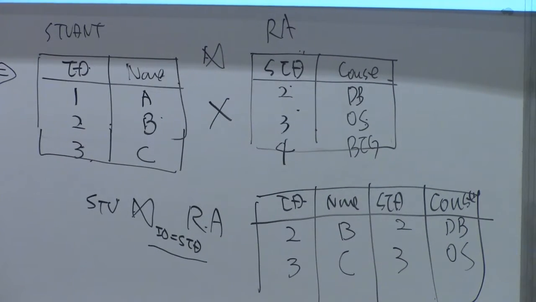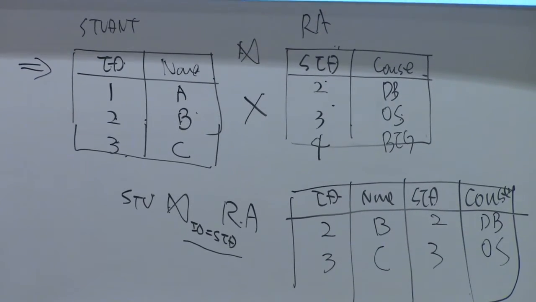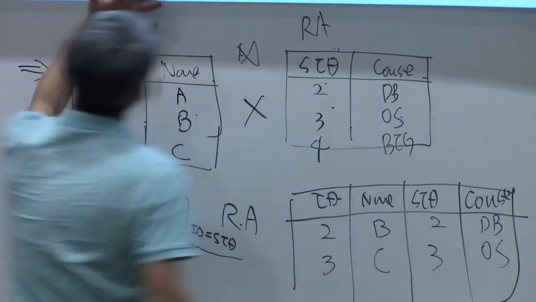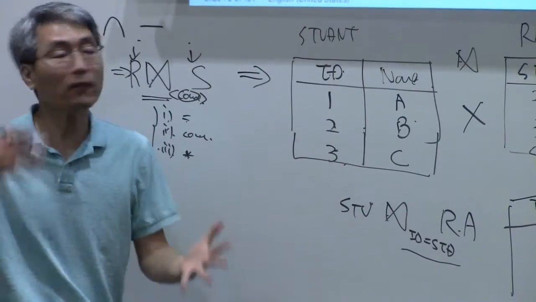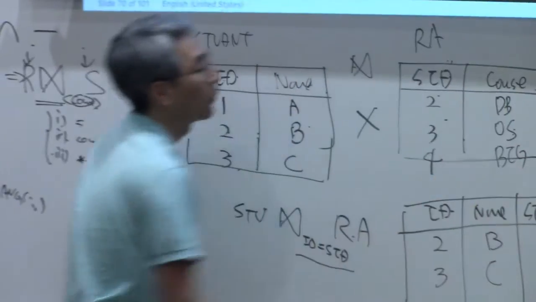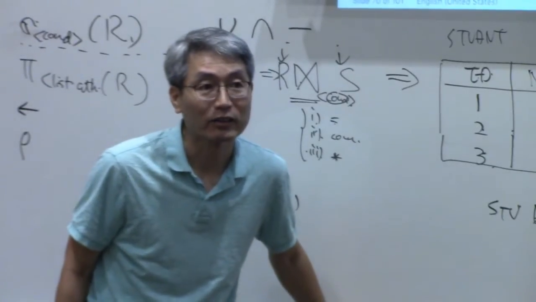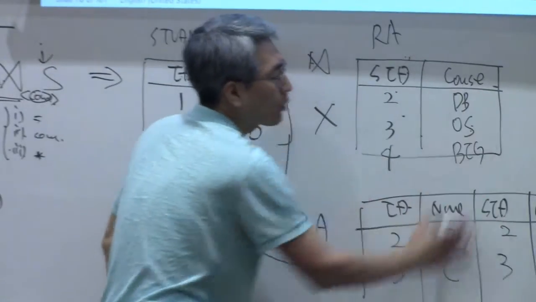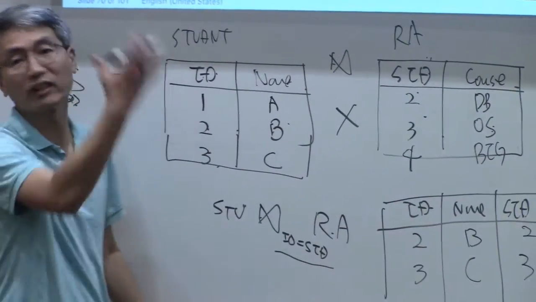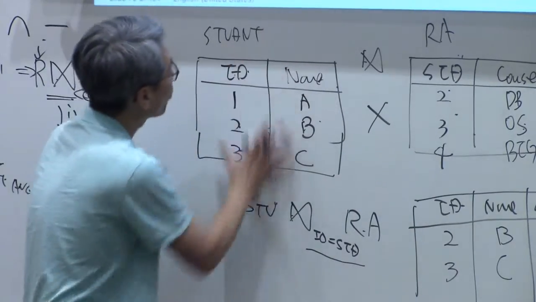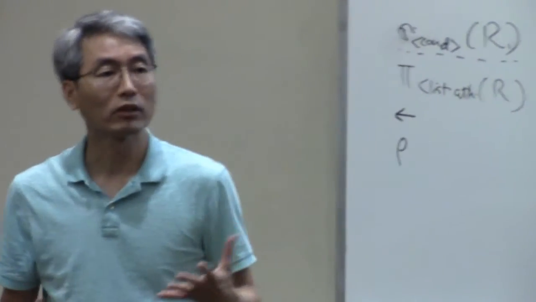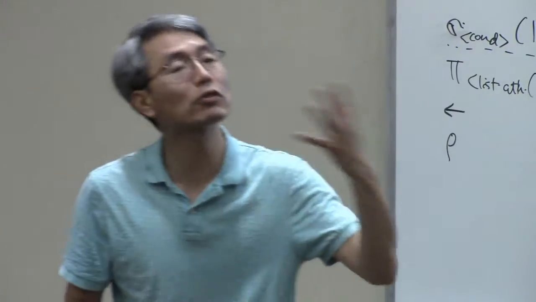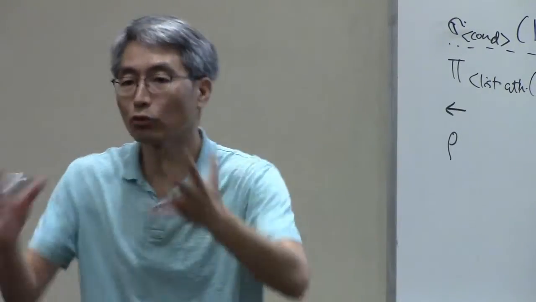However, what if you are asked, I'd like to list all students, and if the student is registered, return the database and the course name. Otherwise, just the name only. Which means we will get all the information. That makes sense. Sometimes I want to see the list of all employees and their department name. Some of the employees may not be working, they do not have information.